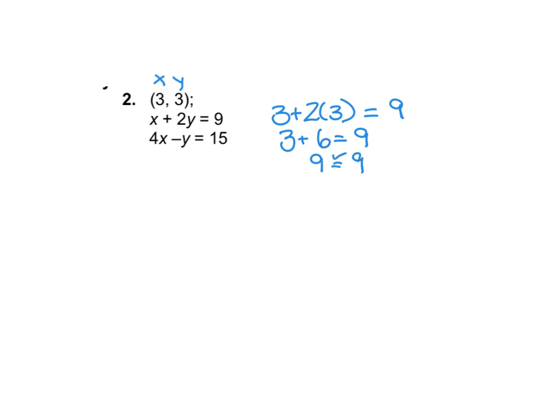Now we've got to plug it into the next one because it has to work for both. So we're going to plug in 4 times 3 minus 3, is that equal to 15? Well, 12 minus 3 is not equal to 15, and so because it doesn't fit for both of those, it is not a solution to this system of equations.